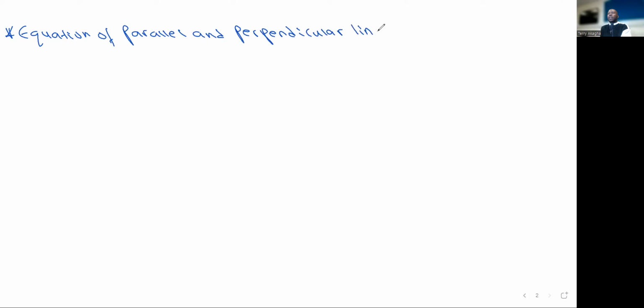Then when I'm done with that, I'm going to talk about the point of intersection. How do you find the point of intersection of 2 lines?